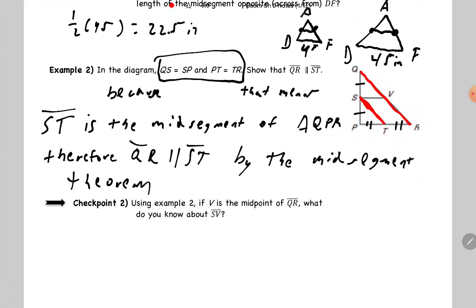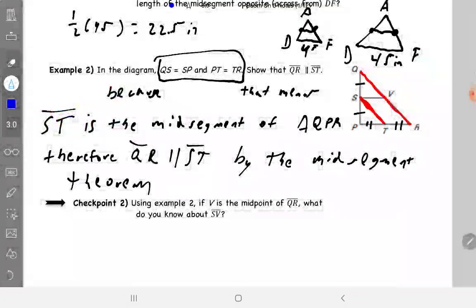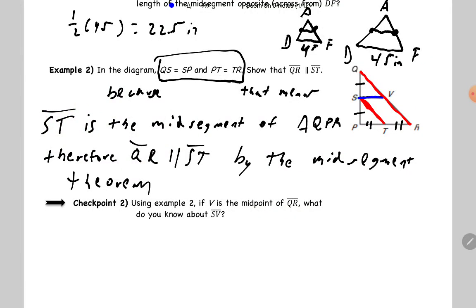Example 2. If V is a midpoint of QR, what do you know about SV? I'll do this one in blue. So V is a midpoint of QR. That means this side here is congruent to that side.